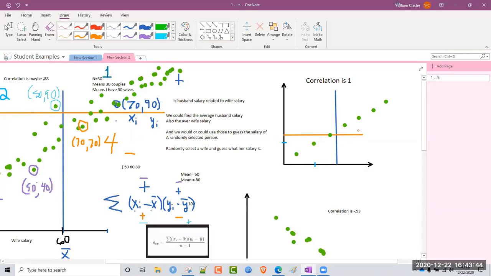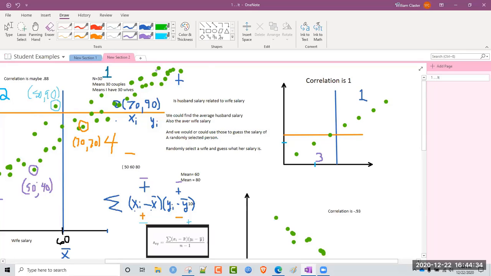These dots are all in either quadrant 1 or quadrant 3. Maybe I didn't really draw it that well. This should be up higher. So excuse me for doing that. But basically you can see what I'm trying to say, which is here's quadrant 1 and quadrant 3. And what I was trying to show, although I didn't do it very well, is that all the dots are going to be either in quadrant 1 or quadrant 3. That means they're all going to make positive contributions to this sum.